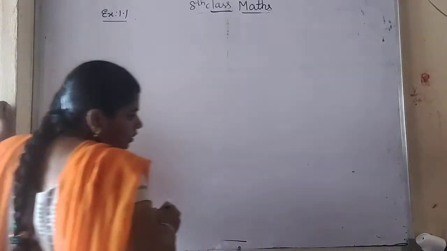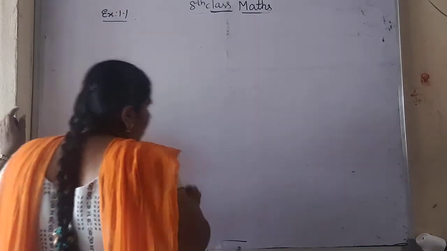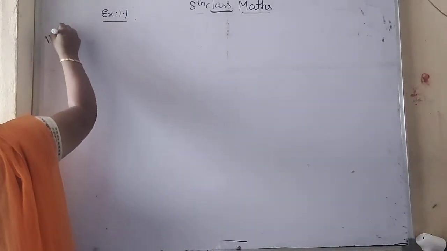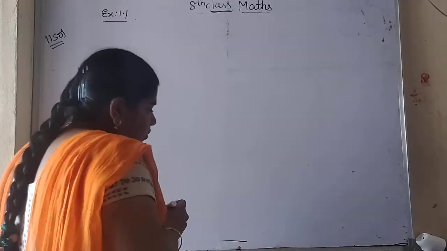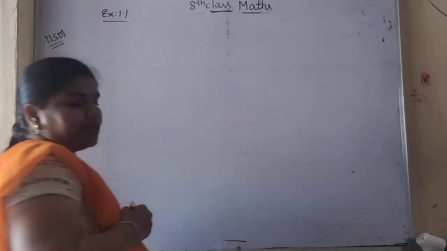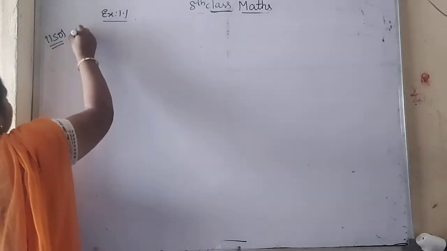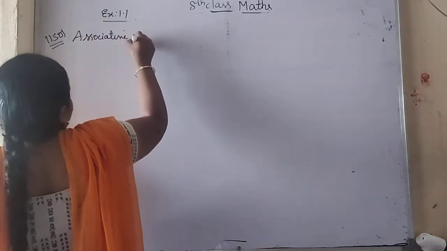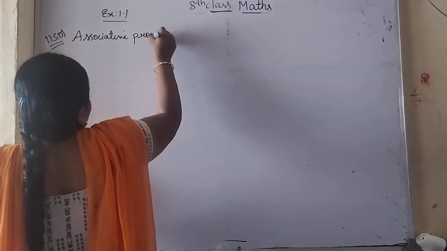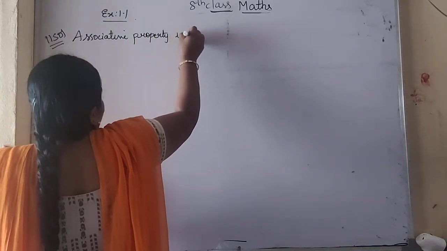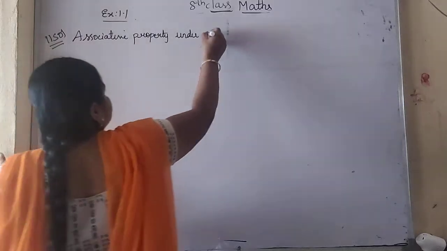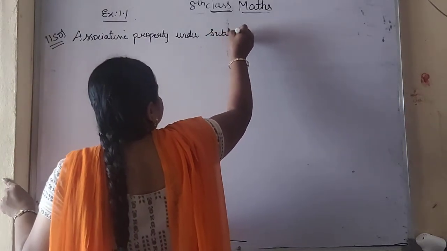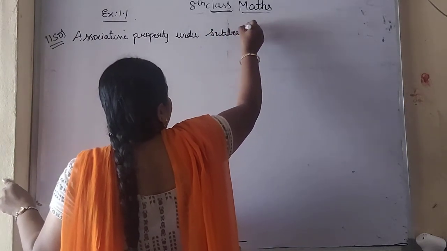So here, which equation? 11th question, 11th solution. So what is the associative property under subtraction? We will see first. What is the general form for subtraction?